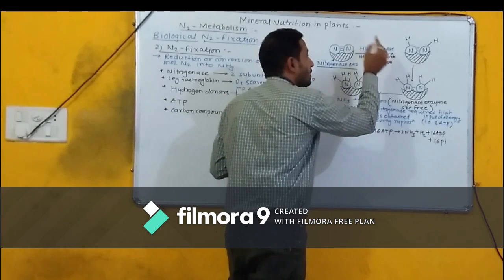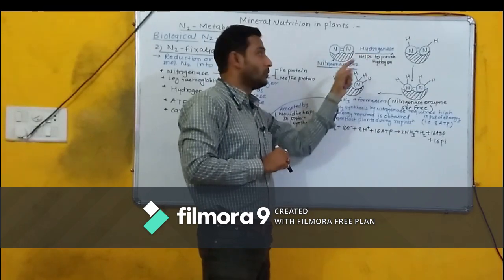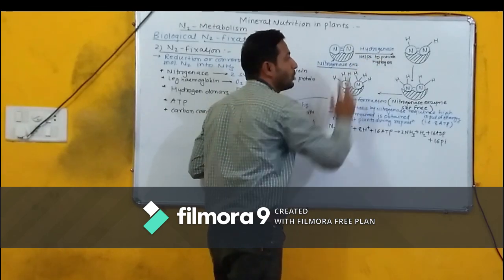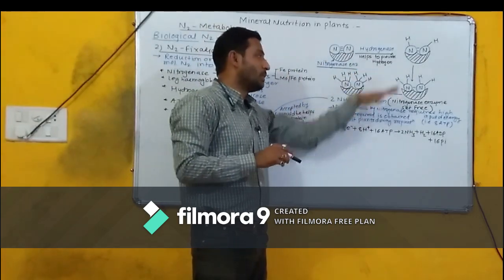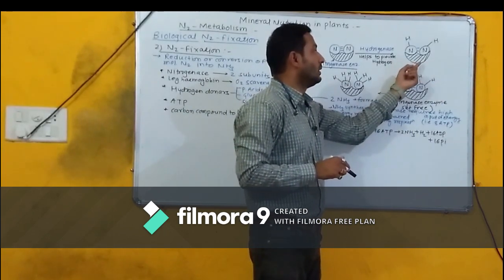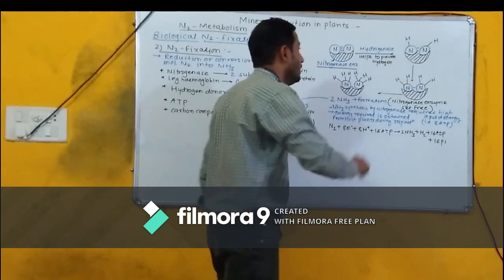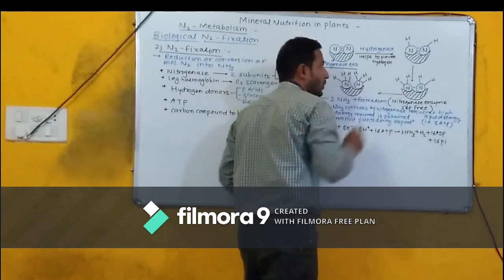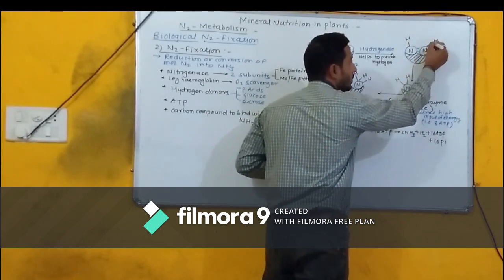Now, another enzyme plays an important role here, known as the hydrogenase enzyme. This hydrogenase enzyme helps to provide hydrogen for the nitrogen fixation process. As I drew here, this is a nitrogenase enzyme with two nitrogen atoms. During this process, the hydrogenase enzyme helps to provide hydrogen.